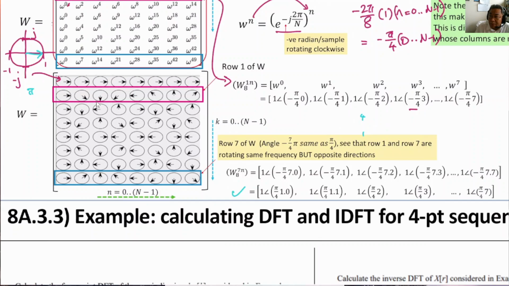So you compare this red box with the blue box, and you'll see that actually they are the same frequency. The difference is that they are rotating in the opposite direction. And in fact, every element is the complex conjugate of each other. And that is why later on you'll realize that when we are trying to get a real number, we are always adding the complex conjugate factors of W together.